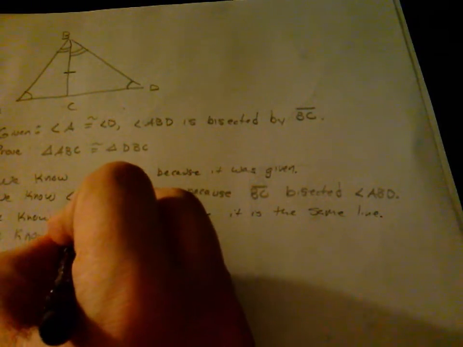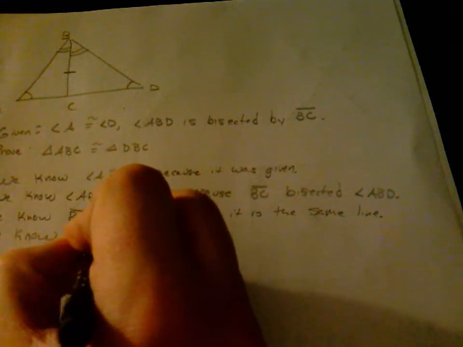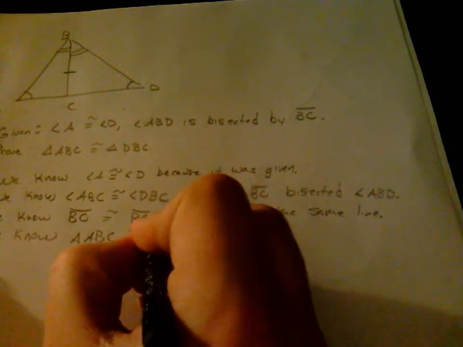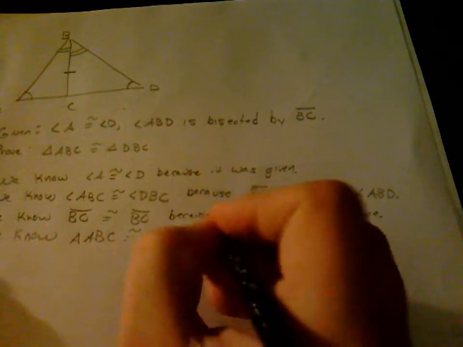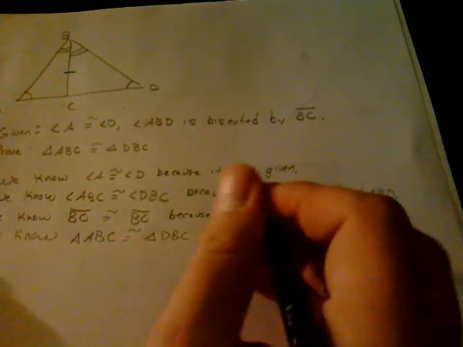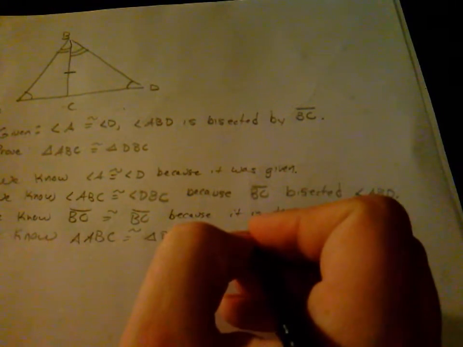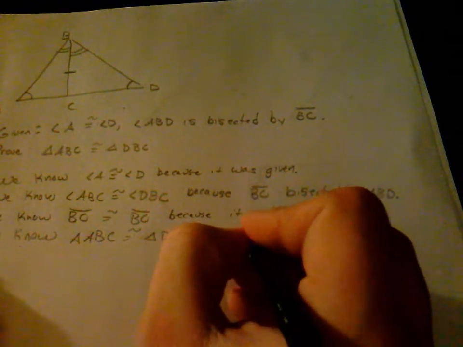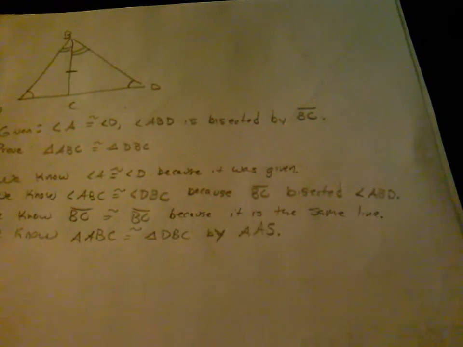So what do we know? We know they are congruent by angle, side. We know triangle ABC is congruent to triangle DBC by angle, side. And that finishes our proof.